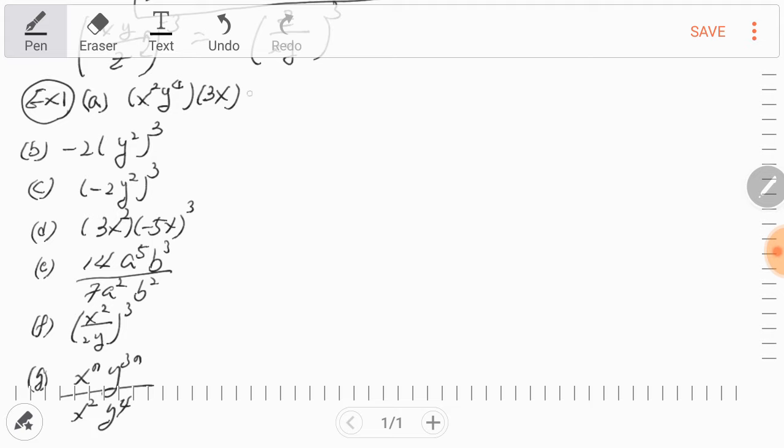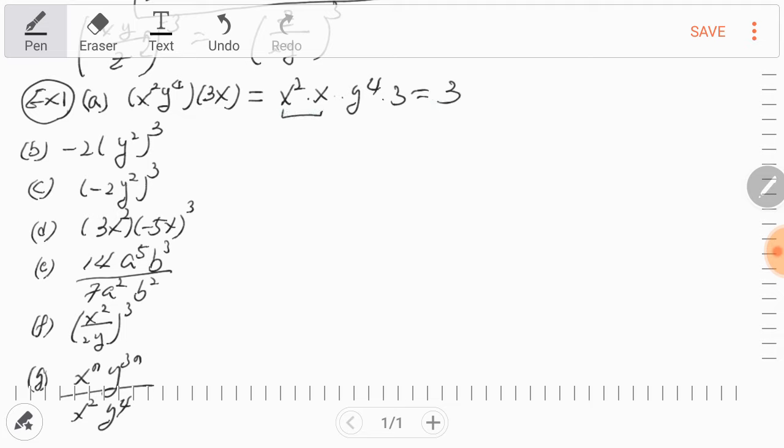Let's simplify each exponential expression. So this is all a product. Let's put all the x's together: x squared and x, and then y to the 4th power and 3. Write the number first, so 3 times.